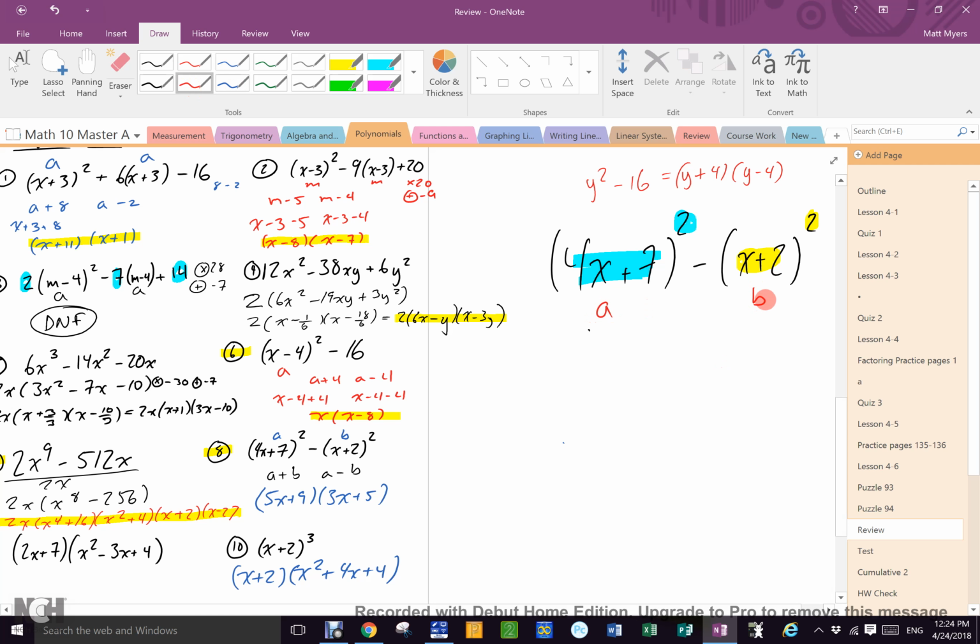So this is a squared minus b squared. Square root of the first one, a, plus b. Square root of the second one, a minus b. What's a? 4x plus 7. 4x plus 7. Right? Plus, what's b? X plus 2. Then, a, 4x plus 7, minus, what's b?